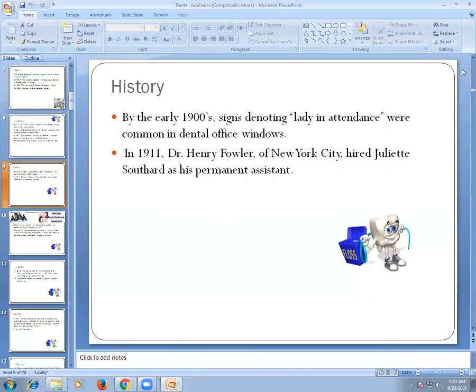By the early 19th century, signs denoting the lady in attendance were common in dental office windows. In 1911, Dr. Henry Fowler of New York City hired Juliet Southard as his permanent assistant.